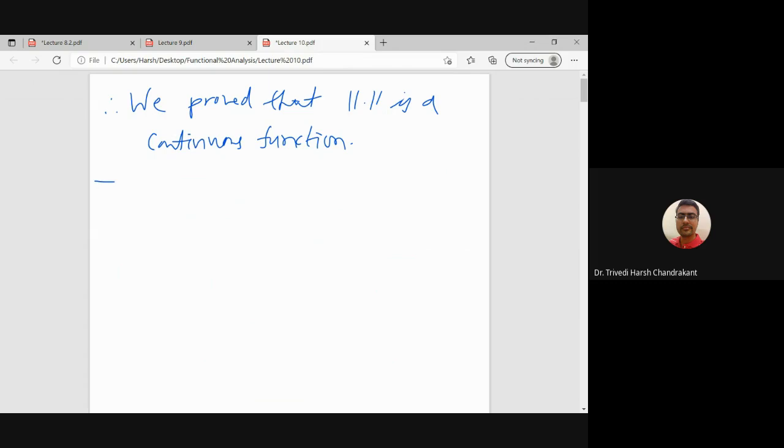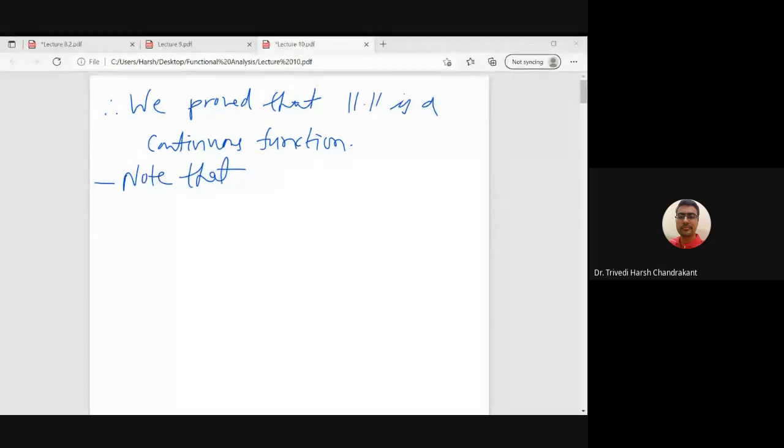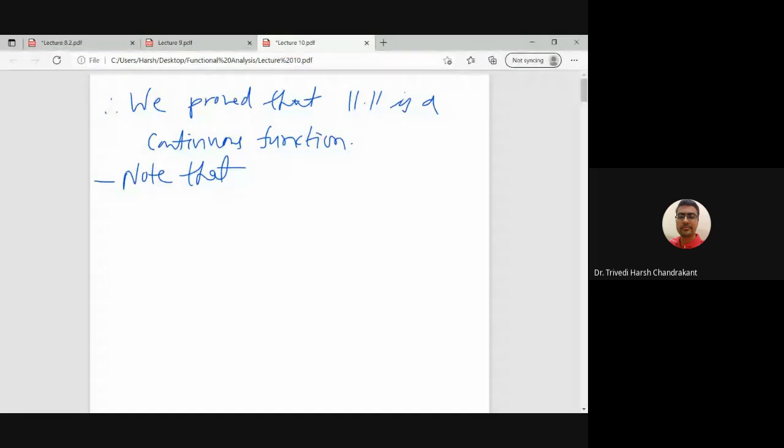So note that addition is continuous. How to show? We need to show that if xn converges to x and yn converges to y, then xn plus yn converges to x plus y. So let us try to prove that.